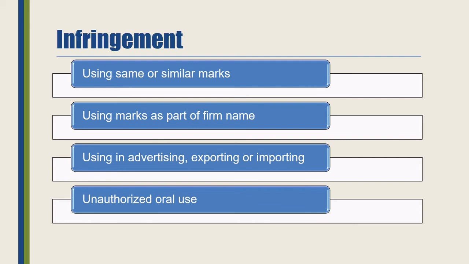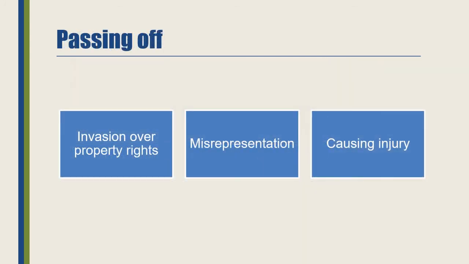Now let's see passing off. As I told you, registration of a trademark is not compulsory. So if you have an unregistered trademark and since you are using it for years, it got the status of a trademark, or rather customers or consumers identify your product through the trademark, people can infringe your right, isn't it?